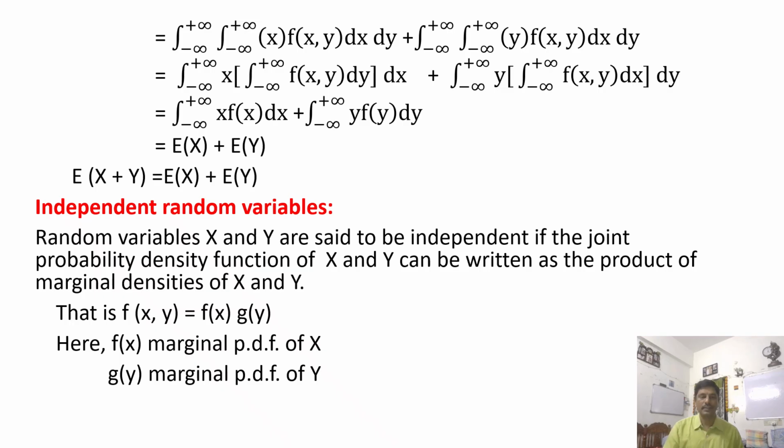So expanding, it is the double integral of x into f of x y dx dy plus the double integral of y into f of x y dx dy. Now I am taking x out of one integration: the integral of x, with the integral from minus infinity to infinity of f of x y dy, whole dx. Like that, here I am taking out y.